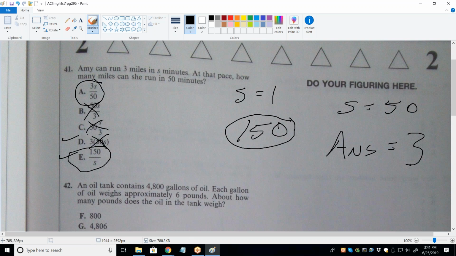But it absolutely is wonderful for picking numbers, even though in this case we have to actually try 2 different numbers and put the answers together. Yes, sir. I suppose we could have picked a multiple of 50. In other words, I could have picked S equal 5, in which case the answer would have to be 30, right?